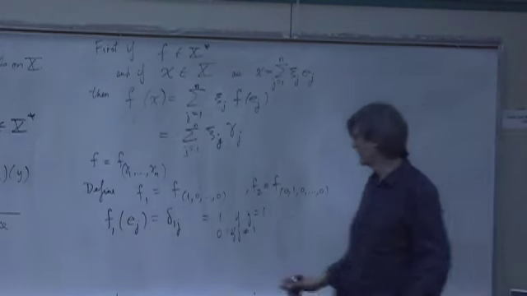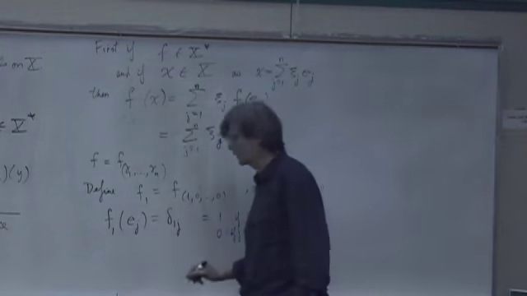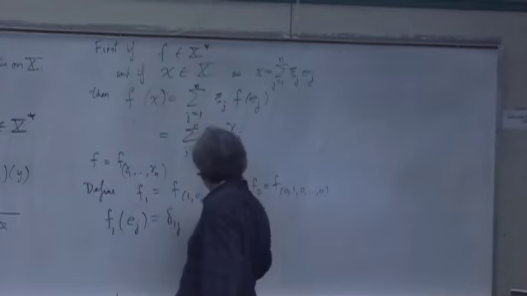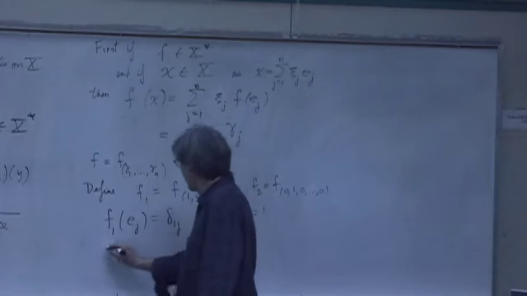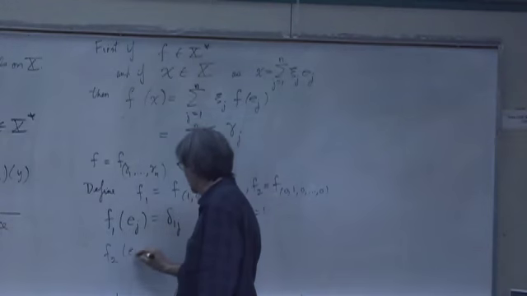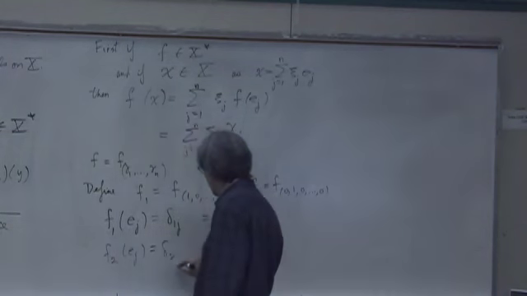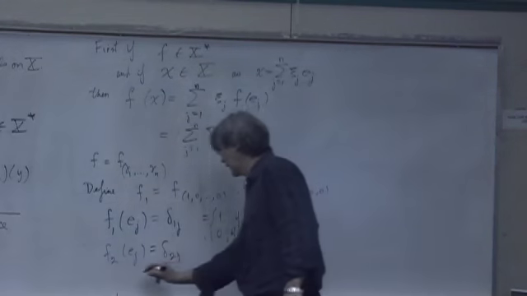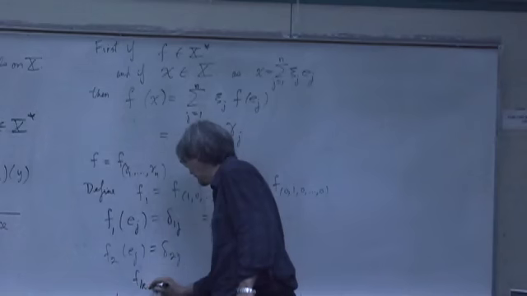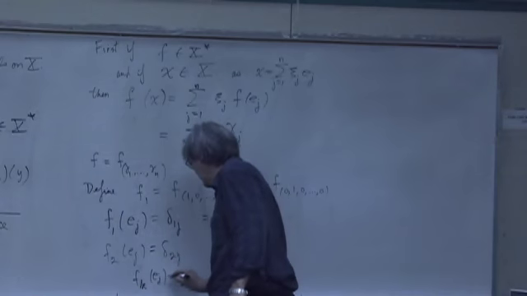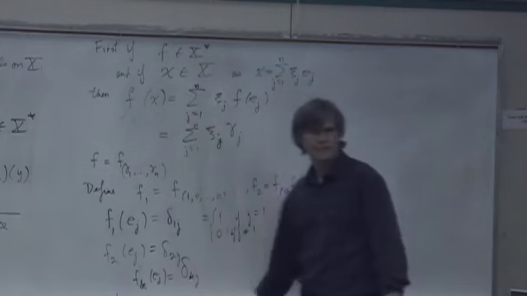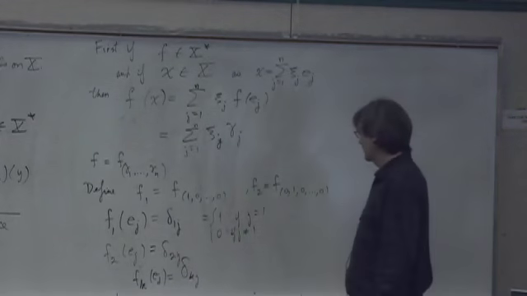But anyway, it's around, so we're going to use it a little bit. Some people are really good with Kronecker deltas, and you'll see it. Then f2 of Ej is equal to delta 2j, etc., and fk of Ej is delta kj. So that's how you could write it.